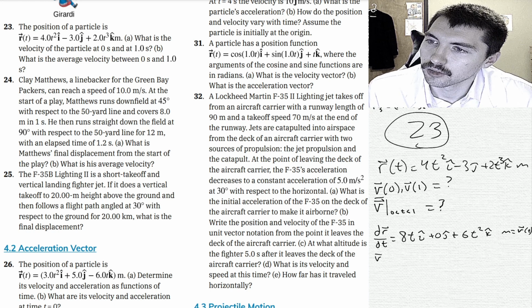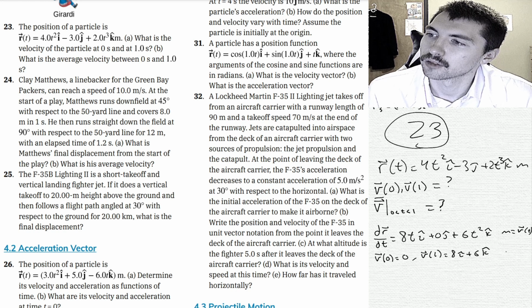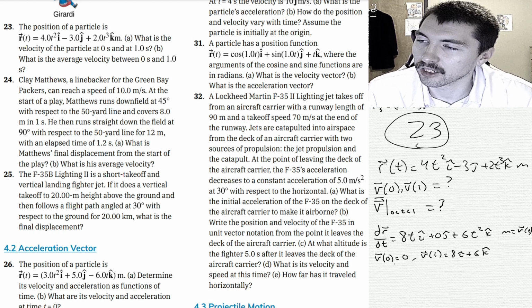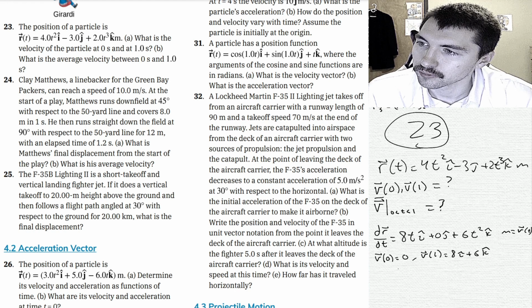Okay, so V0 is 0. V1 is 8i plus 6k. Okay, so they want the average, so it's going to be 8i plus 6k over 1.